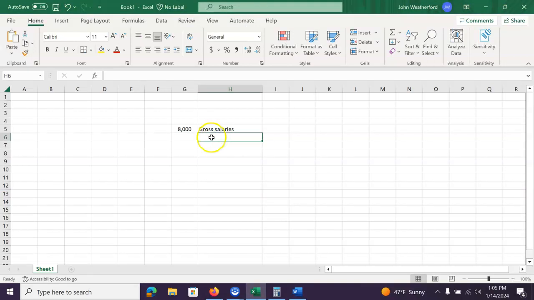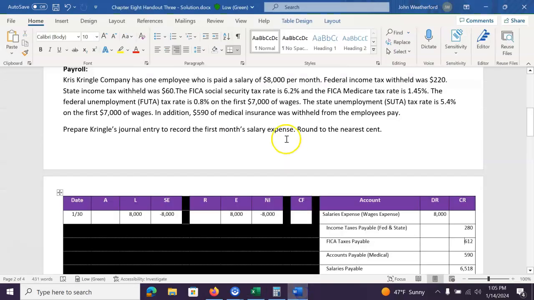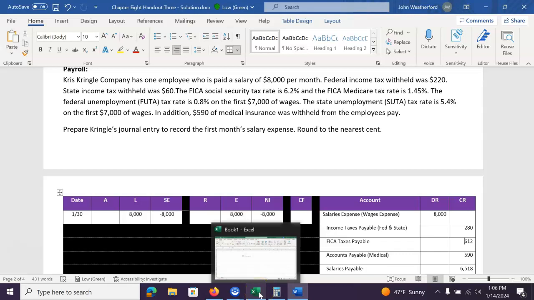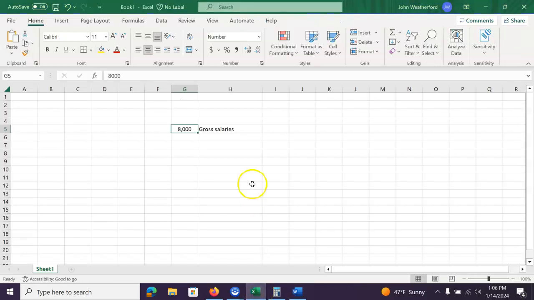So we've got gross salaries of $8,000. But remember, the federal unemployment is limited to the first $7,000 each employee makes each year. So the employer here won't pay the federal unemployment tax on the full $8,000 of employee earnings. They'll only pay it on $7,000 because that's the annual limit.